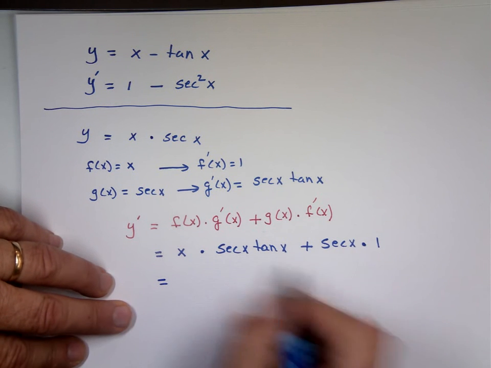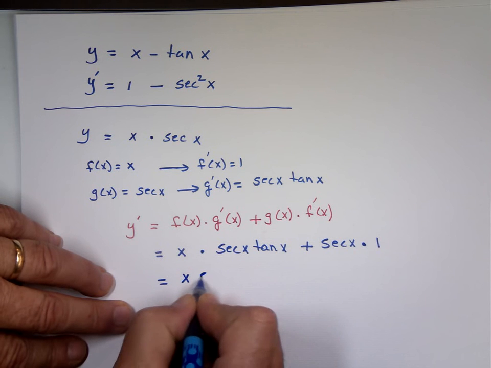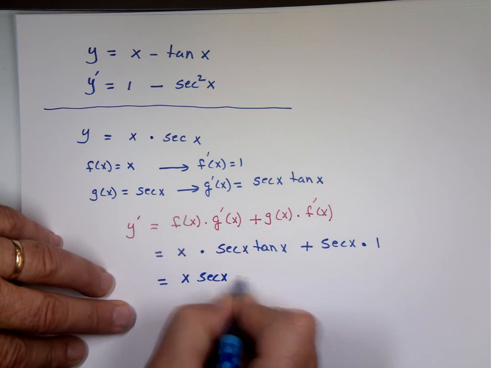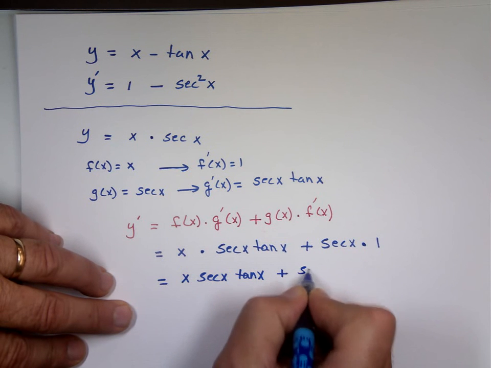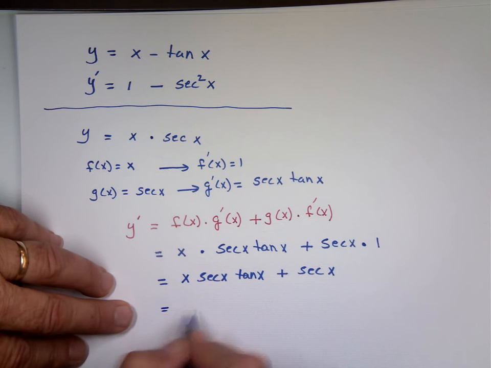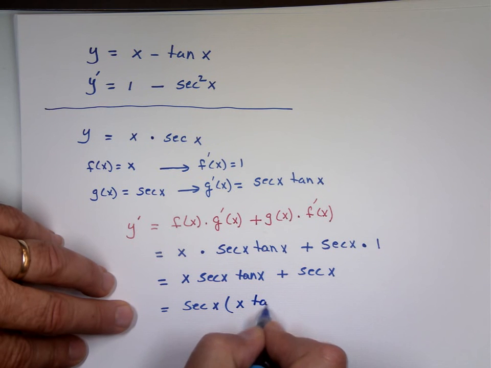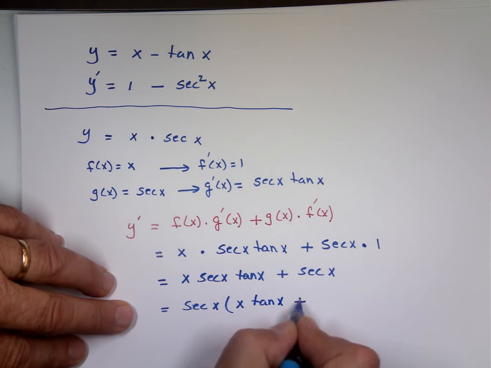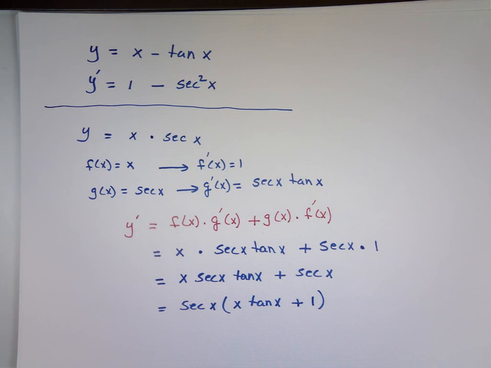You can say, well, it's x times secant x tangent x plus secant of x, or if you want to factor secant of x out of them, what's left in the first one? x times what? Tangent x plus the 1. Either way. I don't have any preference, and I don't think the software has any preference.